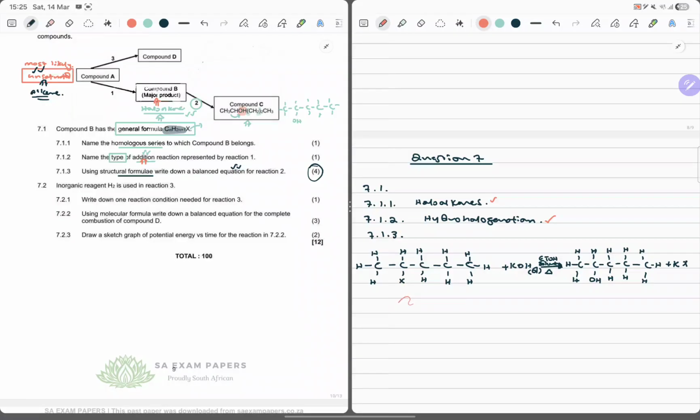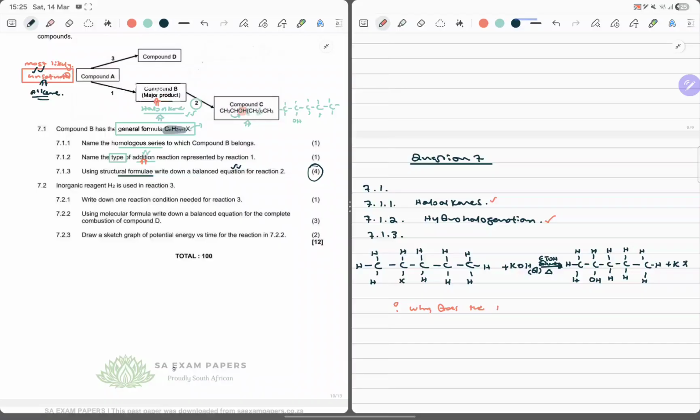So find out why does the halogen, or the halide, you can just say halogen carelessly, but it's technically the halide ion.